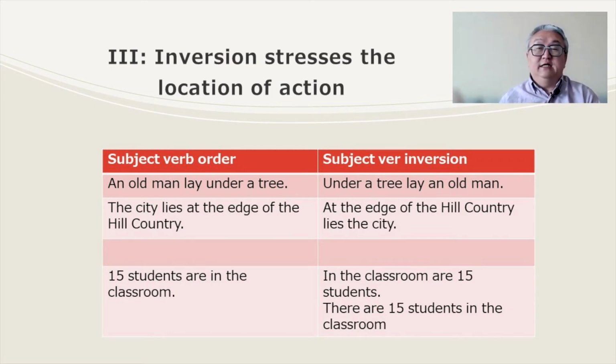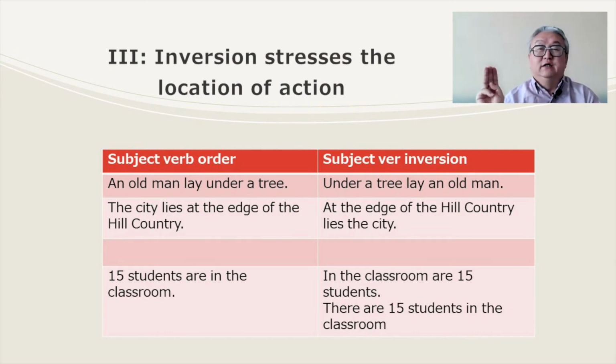However, if you decided that the location of the action is kind of important, and I want to highlight that, then your sentence actually goes backwards, meaning it's not only the subject-verb order that changed, the entire sentence goes backwards. For example, number one, who? An old man. Number two, action, lay. Number three, where?